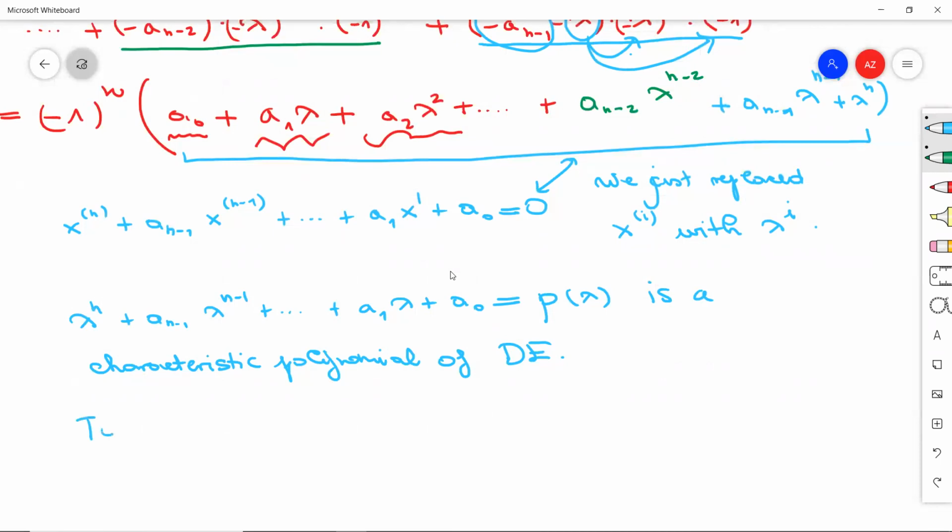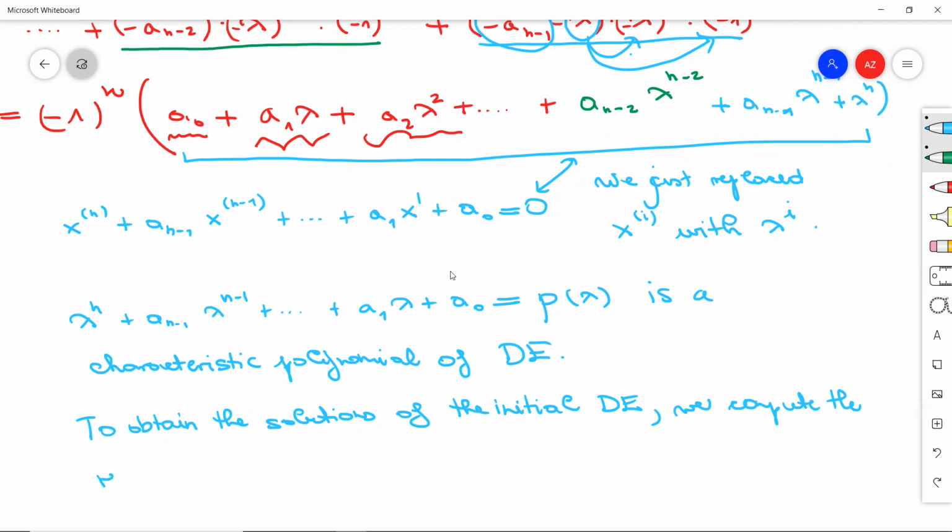So to obtain the solutions of the initial DE, we compute the roots of the characteristic polynomial.